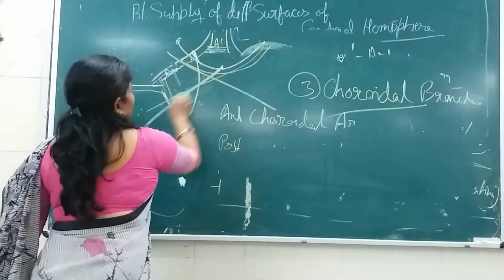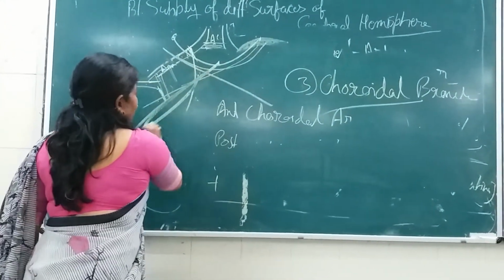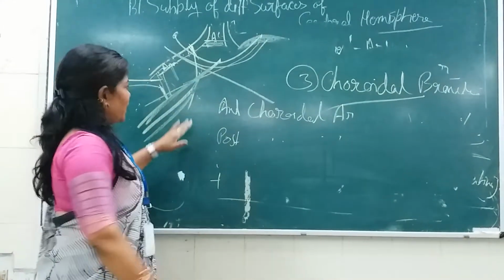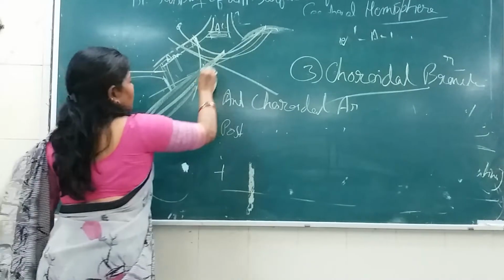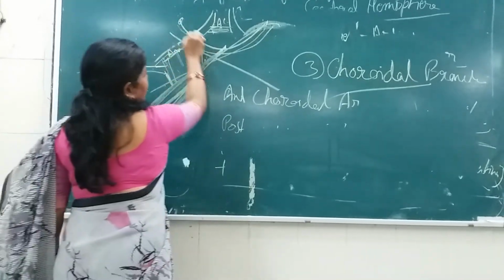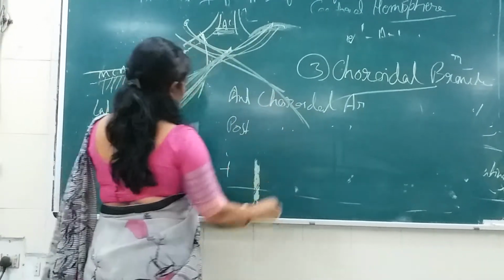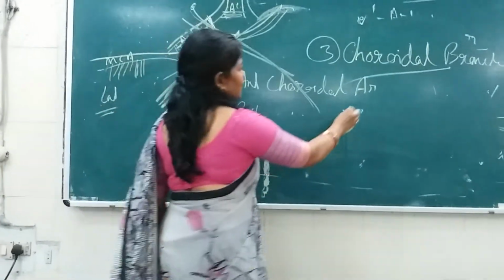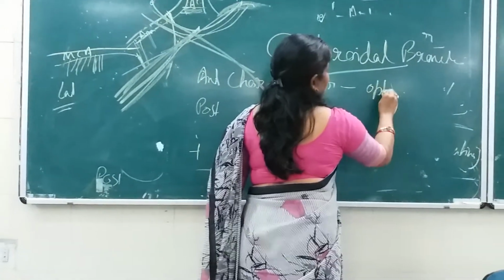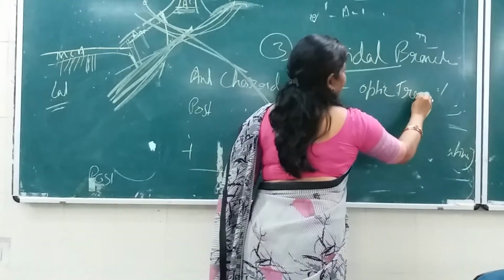So on its way, it supplies the optic chiasma and the optic tract on both sides.